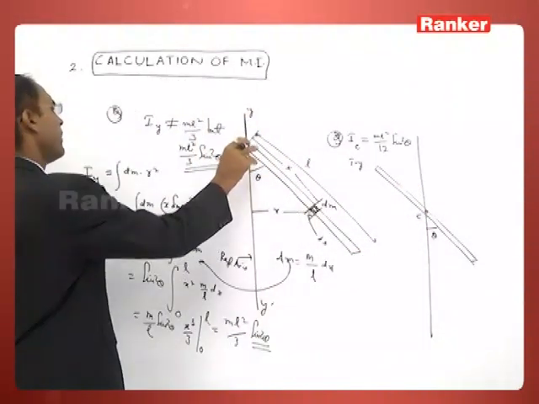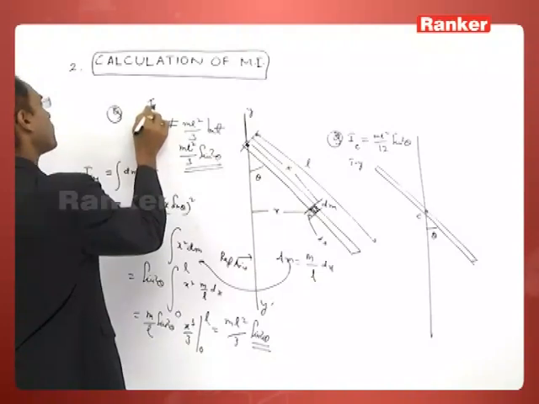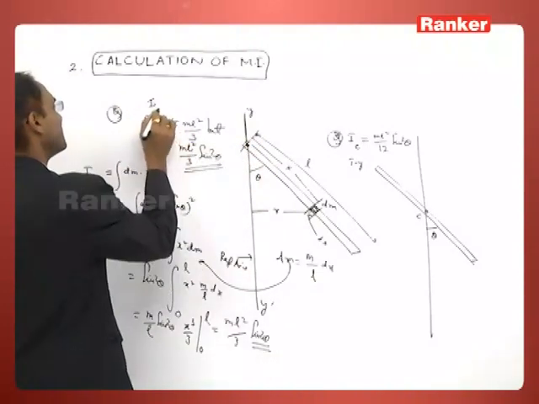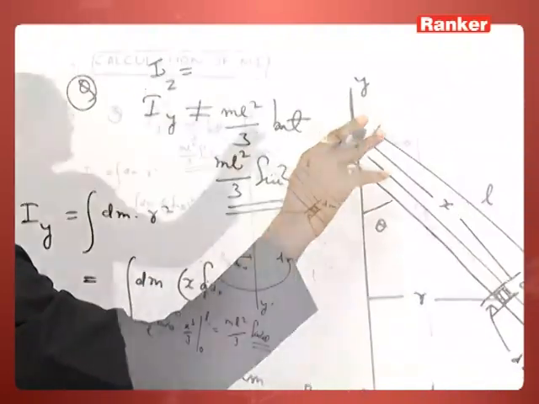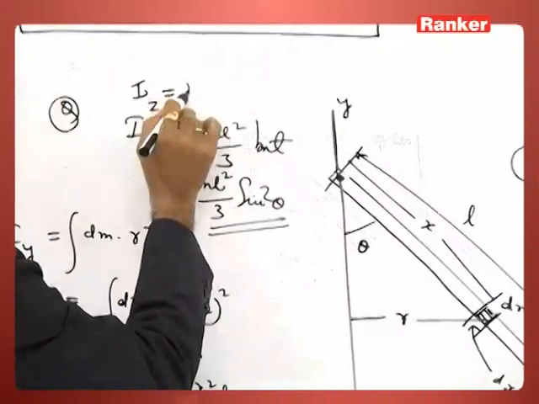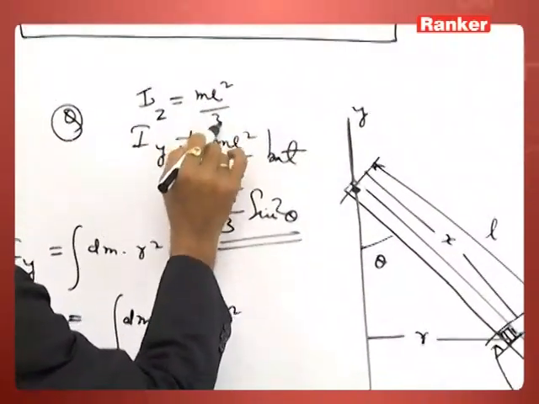However, the moment of inertia of the same rod about the z-axis, where the z-axis is perpendicular to the rod, will be equal to ML square by 3.